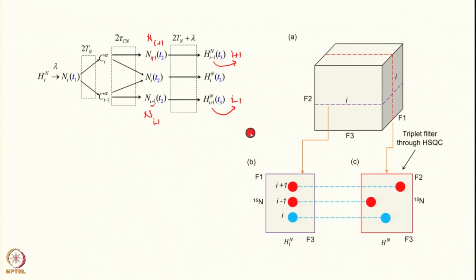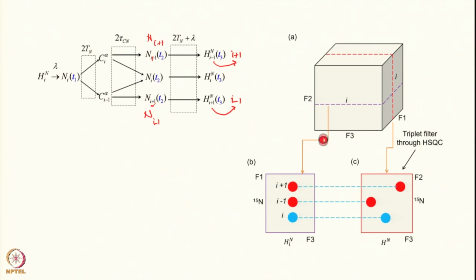So this is the F1 F3 plane at a particular F2 chemical shift. That is, I have here a particular F2 equal to Ni, the Ni of the HNN at F2. Then I will see 3 peaks, I minus 1, I and I plus 1, all 3 we see here.